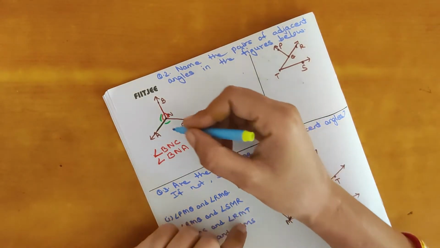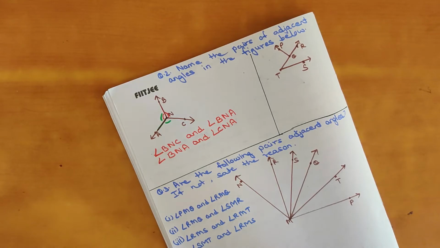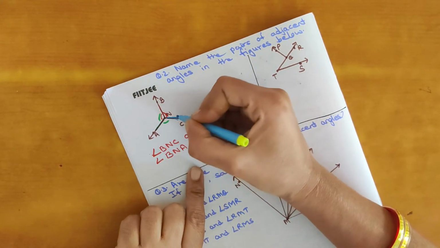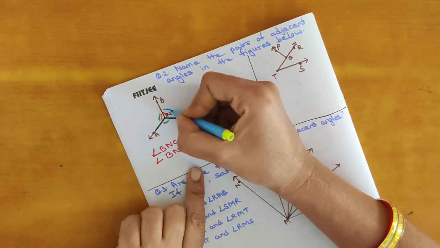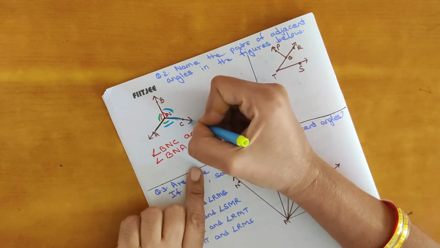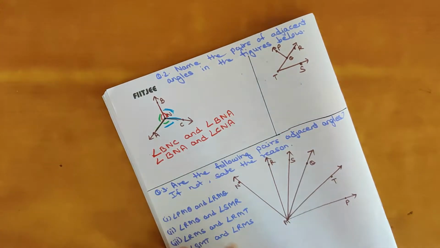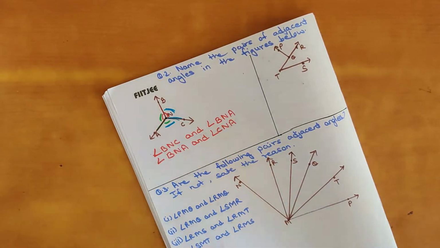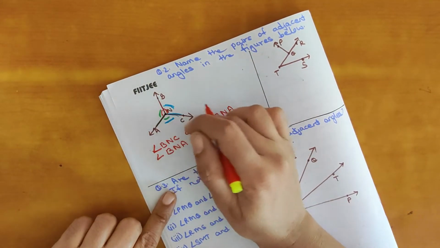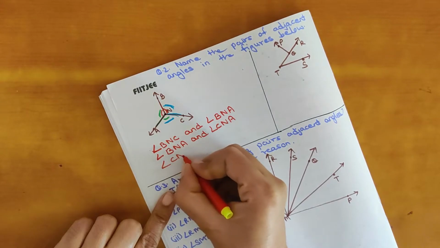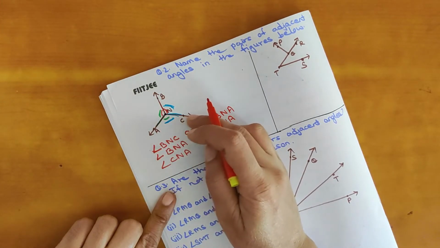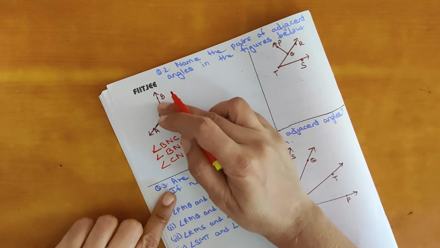Now if I am taking blue color, it will be visible. Let us see, I am taking this as the common arm. So I will get this and this, because here we get a common arm and the vertex is common, that is N. So we can write angle CNA and angle CNB.